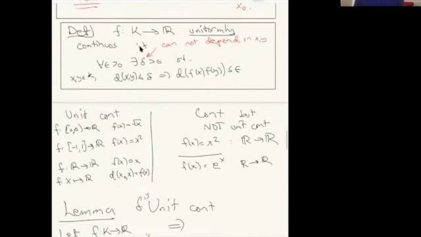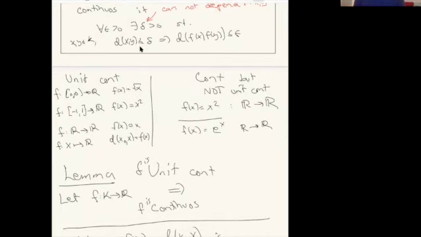Just to remind you of 131A things, here are some examples of uniformly continuous functions: square root of x on the right half line. Essentially, the derivative remains bounded. The main thing to worry about is at 0, but at 0, everything is close to 0, so you don't have real issues with continuity. If you have x squared restricted to a bounded interval, like -1 to 1, then it's uniformly continuous. Again, you could apply the mean value theorem to get that.